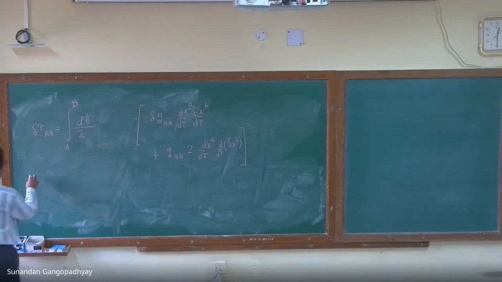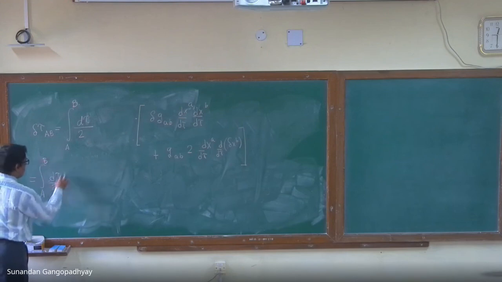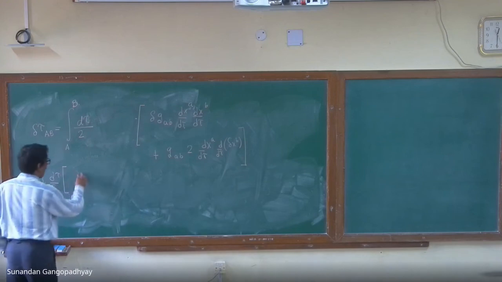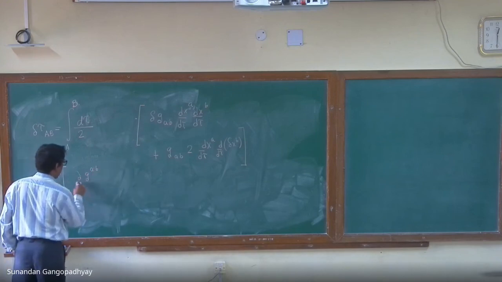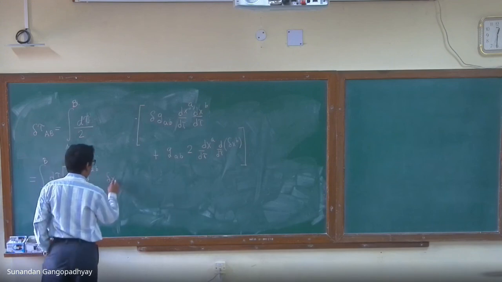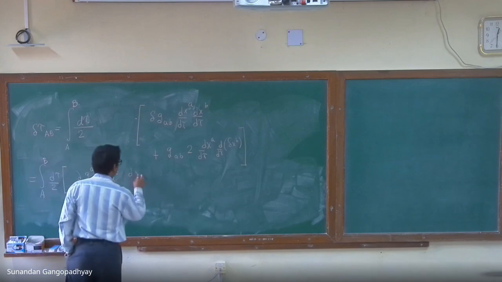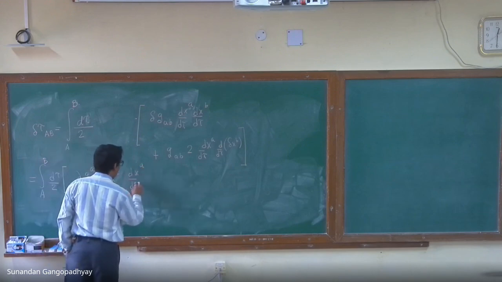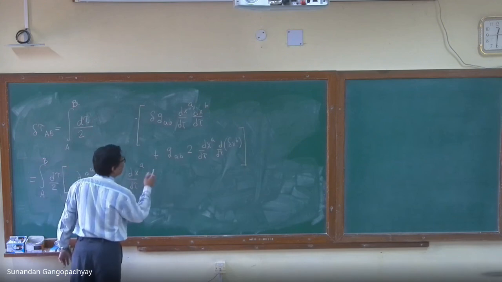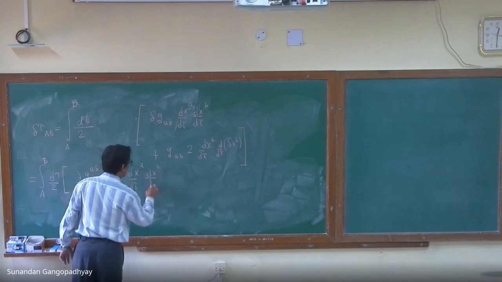Now this is equal to delta GAB, that I will write down as, it's better to use UA into B. Just write it this way.